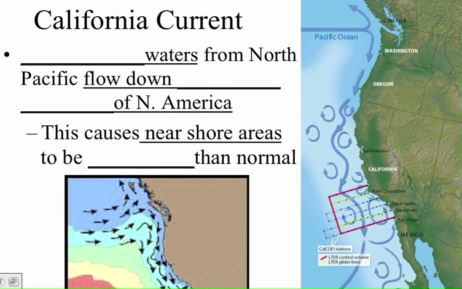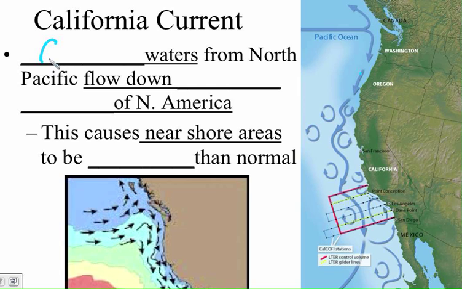Let's look at a few examples. The California current is a big example of a coastal area affected by the temperatures of ocean waters. California current, of course, running down the western edge of our continent, and we can see here that this California current is coming from the Arctic area. So we can assume the temperature of that water is going to be cool.